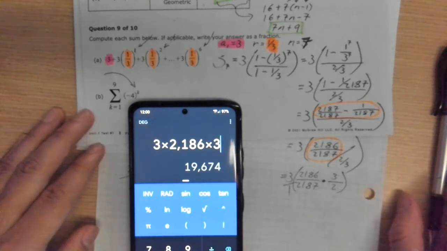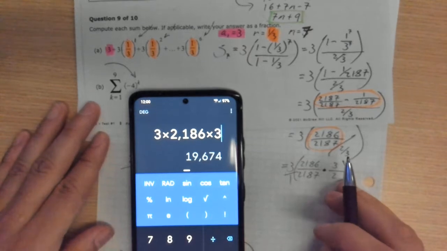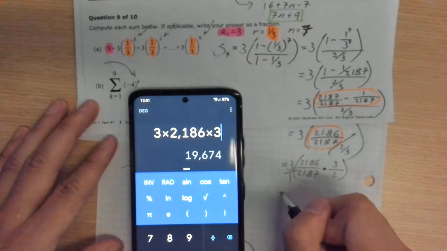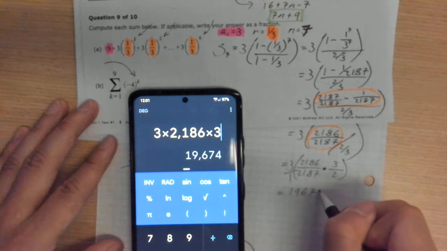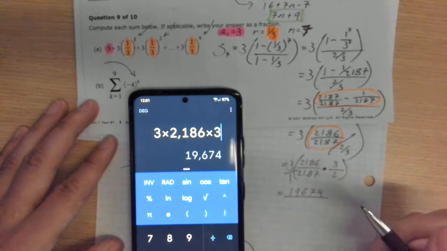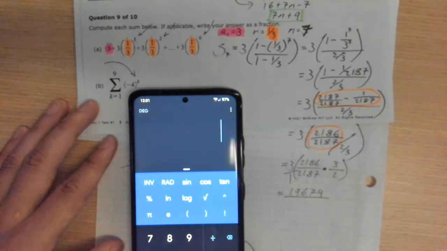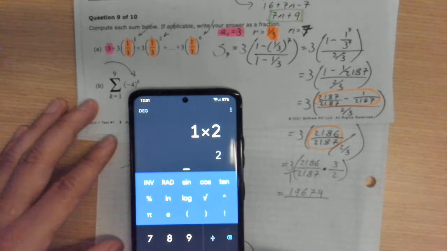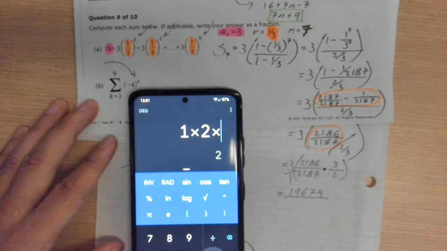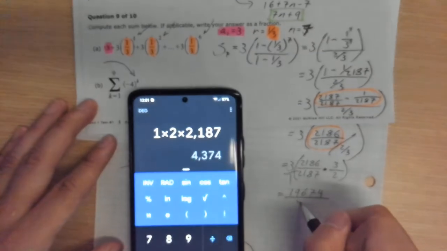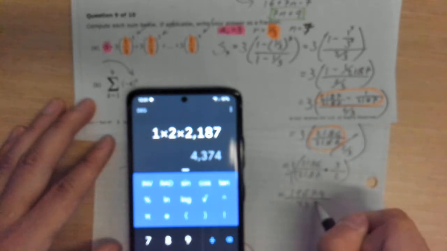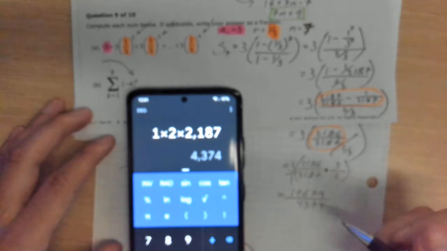So on the top, I have 19,674. On the bottom, it's 1 times 2, and that times 2,187. That gives me 4,374 on the bottom.